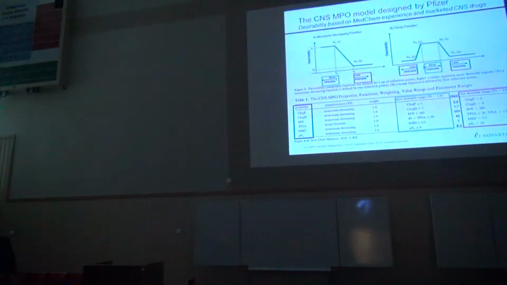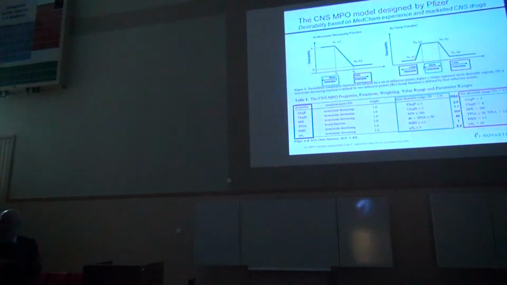Next slide. And this ultimately culminated in the development of a model called the multiple parameter optimization model that has been published by Pfizer, which not just said a parameter must be, for instance, like the molecular weight below 500, but tried to refine this a little bit by associating every parameter with a function that could be simply a decreasing function, or that could be a hump function, for instance.